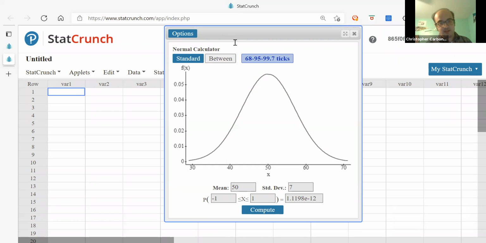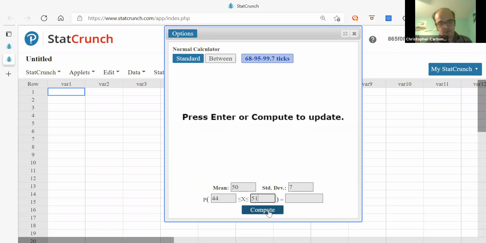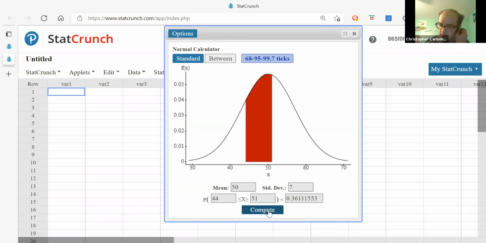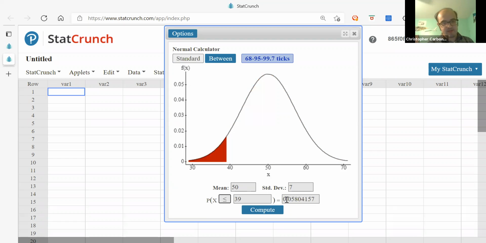Part B wants the value between 44 and 51. So I'm going to select the between option and then put 44 and 51 in. Doing so gives us a value of 0.36112. The 78th percentile, I have to go back to the standard one. This will change here to be a less than or equal to.